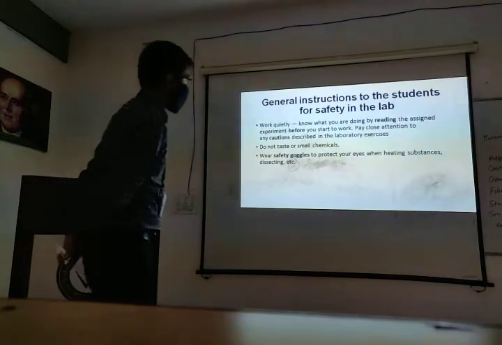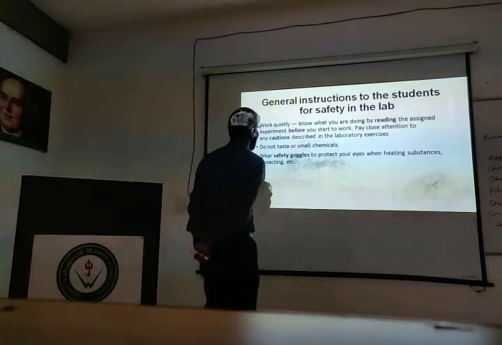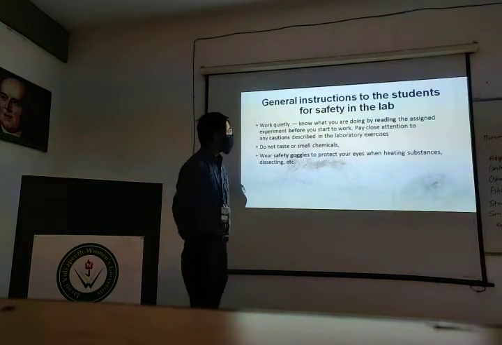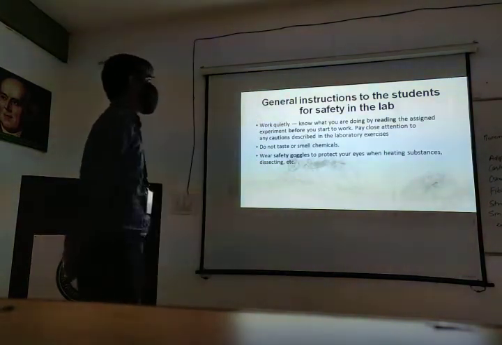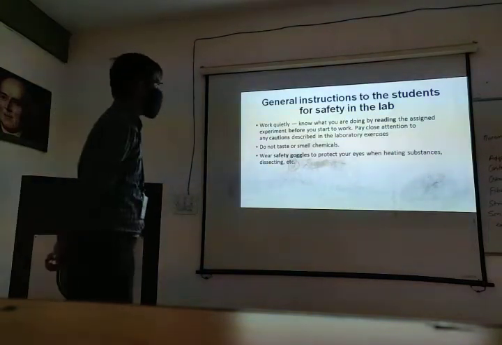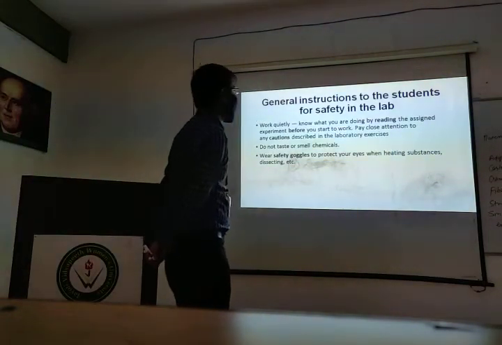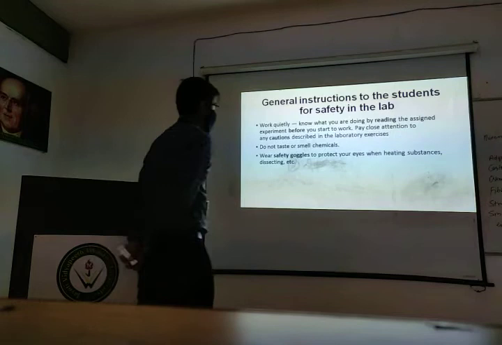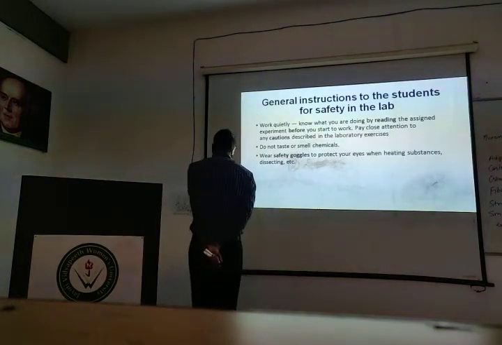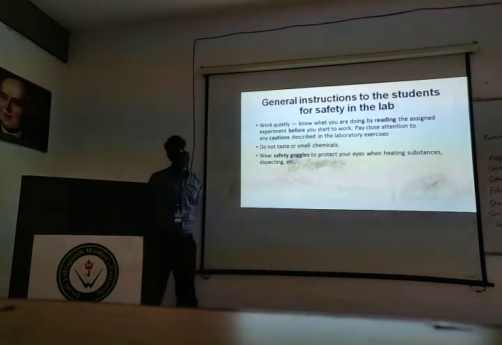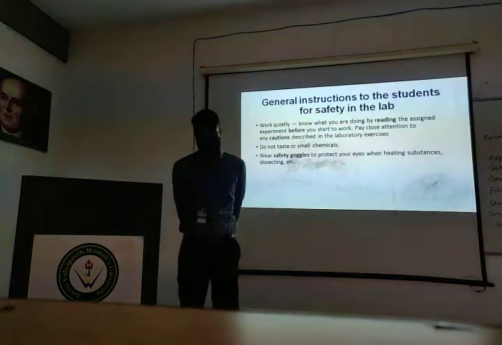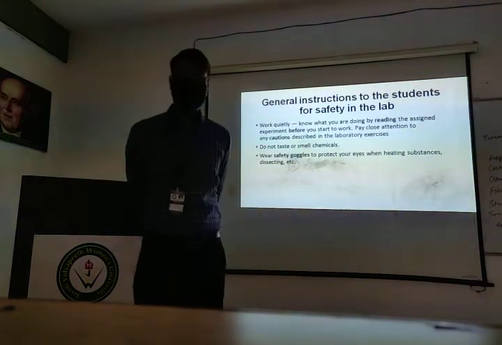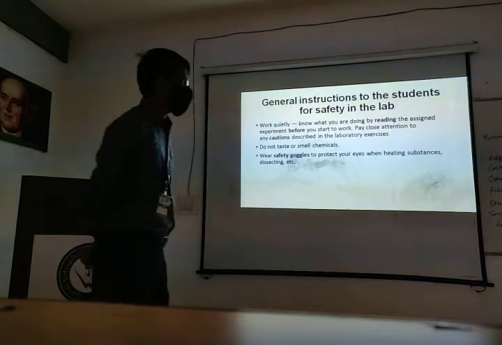Now next, work quietly. Know what you are doing by reading the assigned experiment before you start to work. Pay close attention to any cautions described in the laboratory exercise. Before we start any exercise or laboratory experiment, first we have to understand its theoretical part.